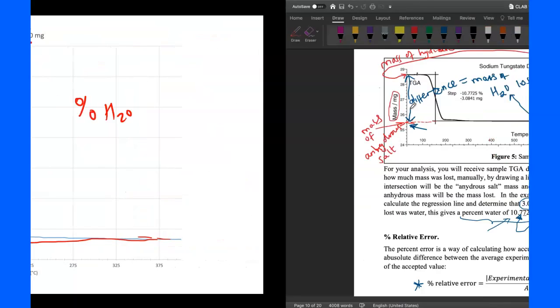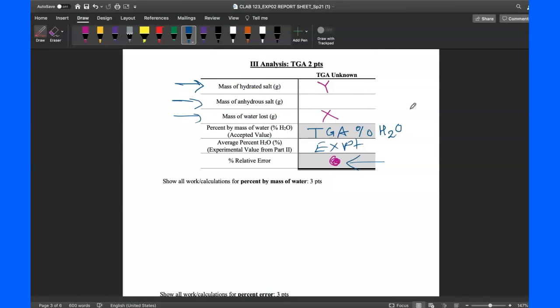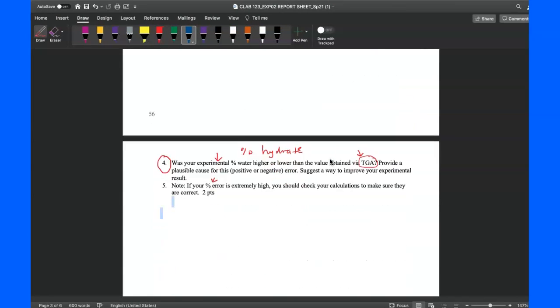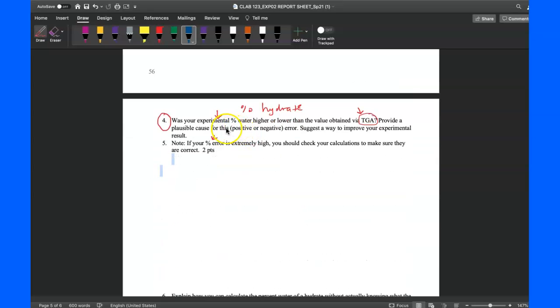And then you are asked one more thing in question 4. You are asked what will cause your experimental percentage value of water in your hydrate to be higher or lower than what is accepted from your TGA graph.